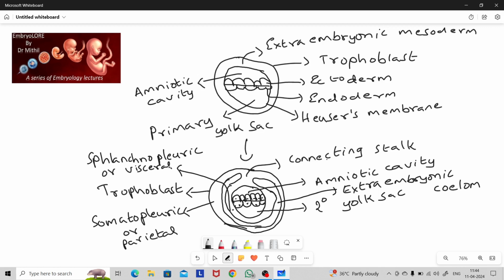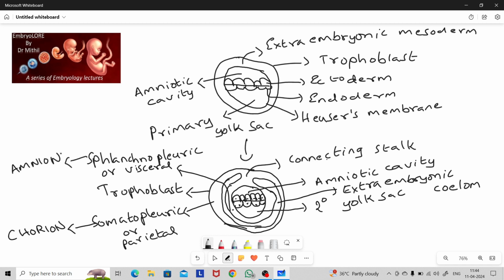In the further step, the somatopleuric layer or parietal layer of the extra embryonic mesoderm gives rise to a layer called the chorion, and the splanchnopleuric layer of the extra embryonic mesoderm gives rise to a layer called the amnion.